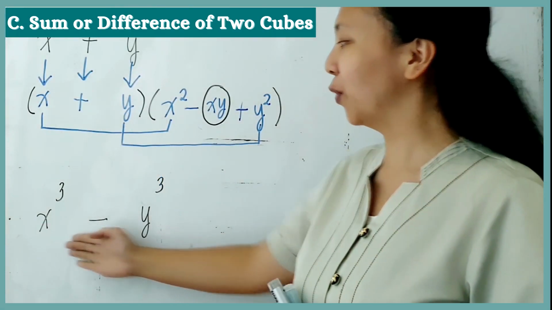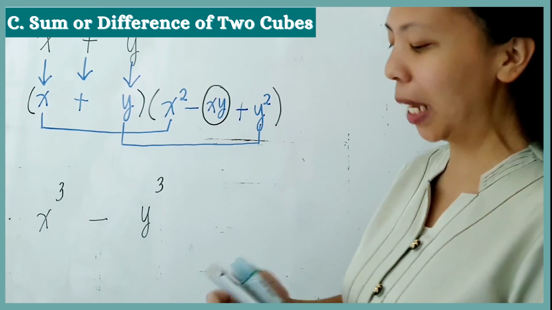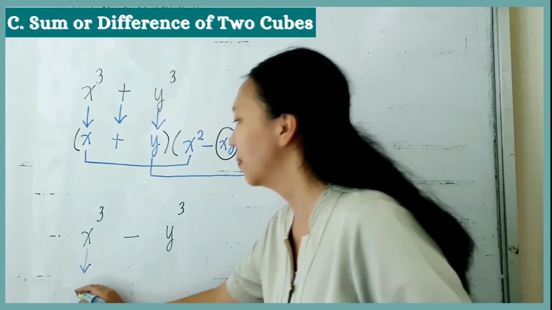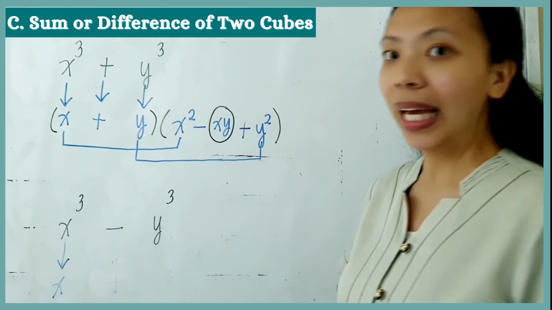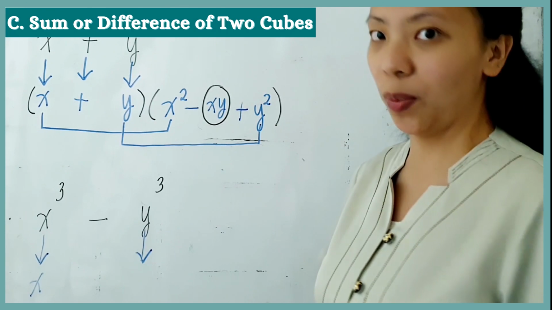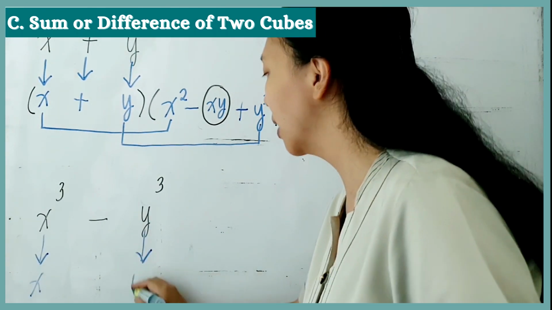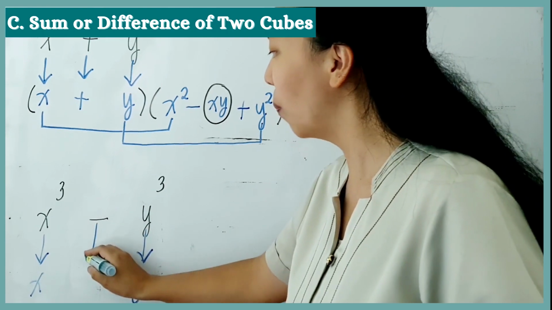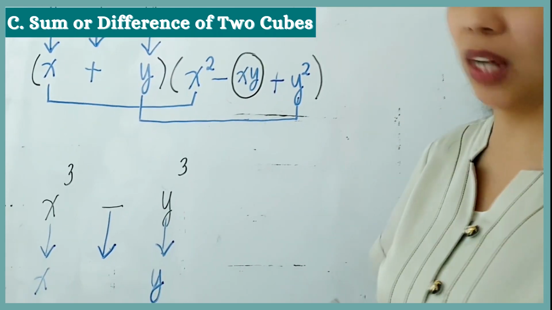For a difference of two cubes, we follow the same steps. Extract the cube root of the first term. That would be x. Then extract the cube root of the second term. In this particular case, that would be y. And then we follow the operation of the given binomial.